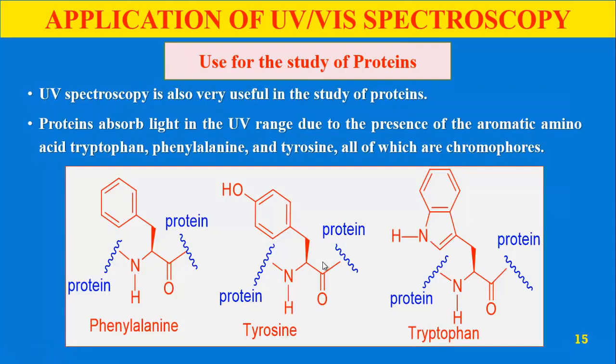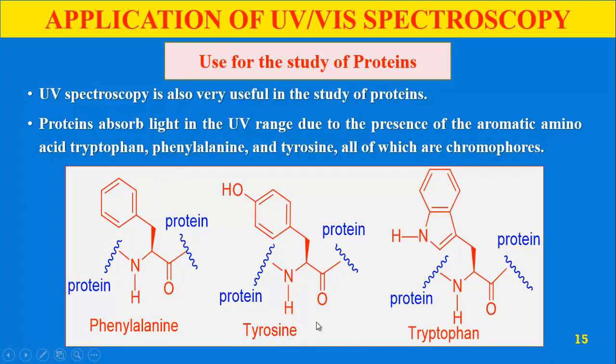Used for the study of protein. It is widely used for the determination of different types of protein with the help of UV visible spectroscopy. Here are different amino acids in protein: phenylalanine, tyrosine and tryptophan.